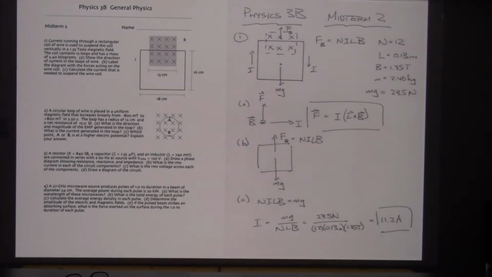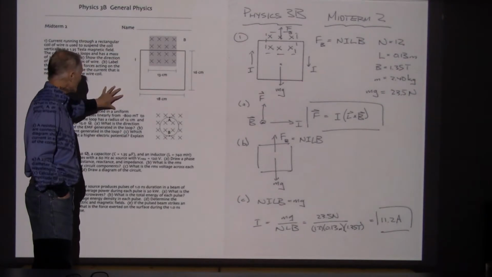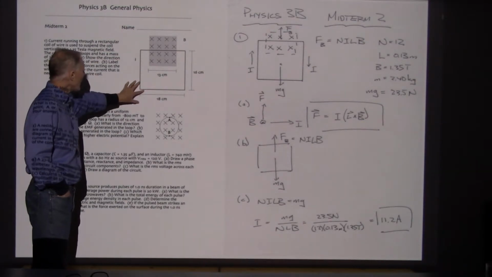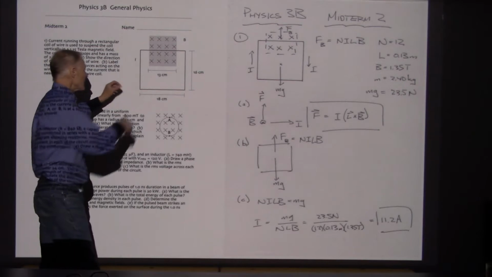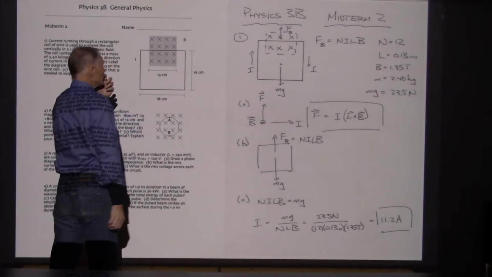So this is not an example of generating a current, somehow using that magnetic field and magnetic forces. Instead, this current is coming from somewhere else. I got a battery out here operating this current, and then I'm going to take this current, place it in the magnetic field region.